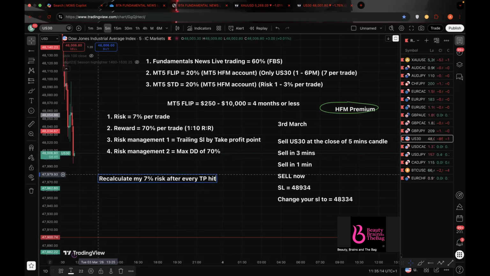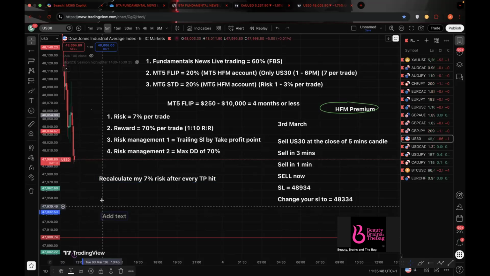All right. If I take my first trade today, and I win the trade, I make 70%. Let's assume I make 70%. My account will go from $250 to $425. My 7% risk initially on my $250 times 0.07 was $17. Okay. So initial capital $250, are you with me?